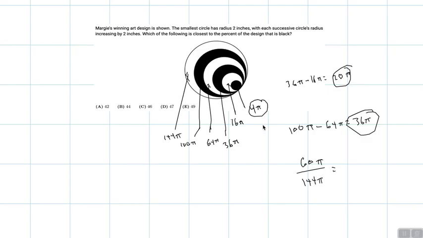So total area is 144 pi. 60 pi is black. That's 60 over 144. It's 5 over 12. And 5 over 12 is what?